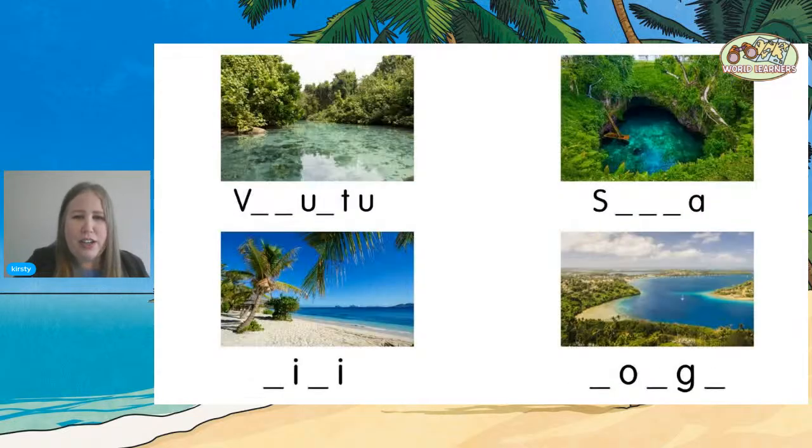Let's have a look at another 4. Have a look at these ones then. We've got a few letters there to go off. I think most of these have been mentioned already. But can we fill in the gaps? Can we name them all? Okay, we're straight in with Fiji being that bottom one.